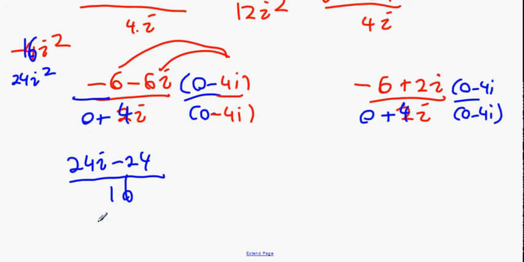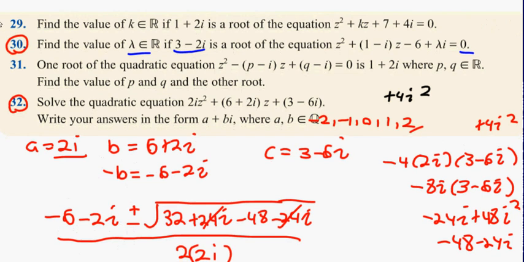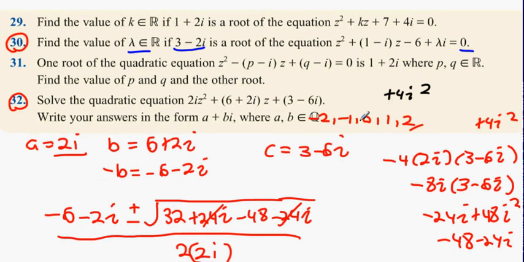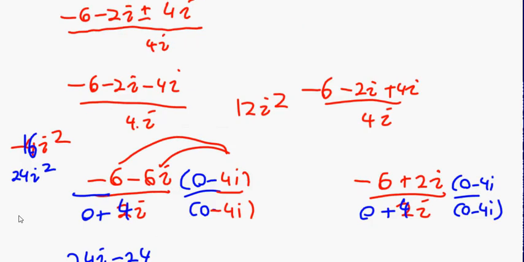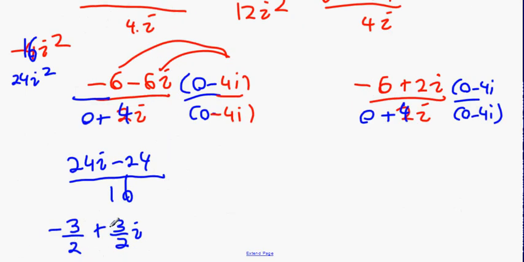And then 24 divided by 16, minus 24 over 16 is minus 3 over 2. 24i over 16 is plus 3 over 2i. Now that explains the Q part. So it's minus 3 over 2 plus 3 over 2i.